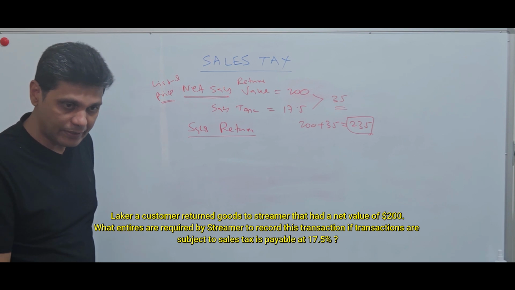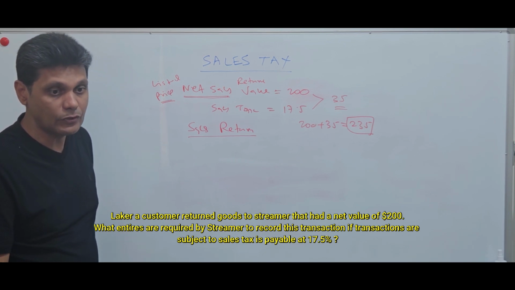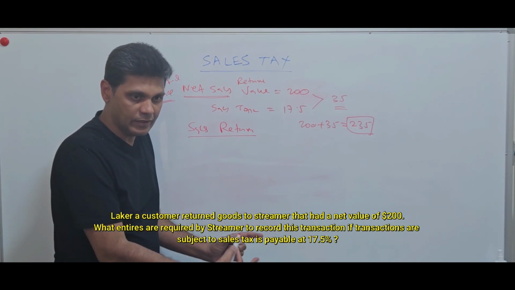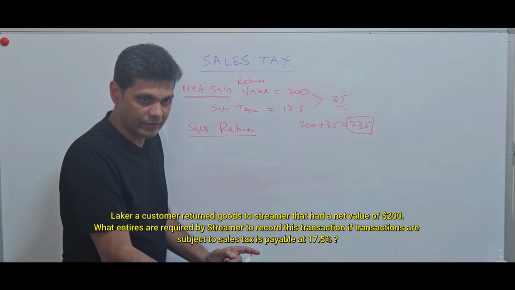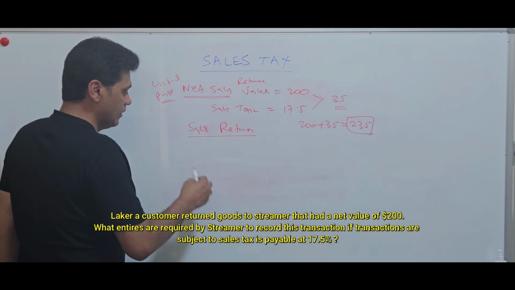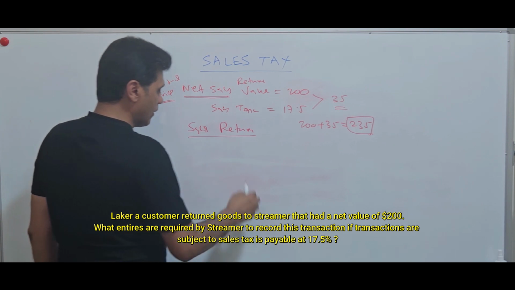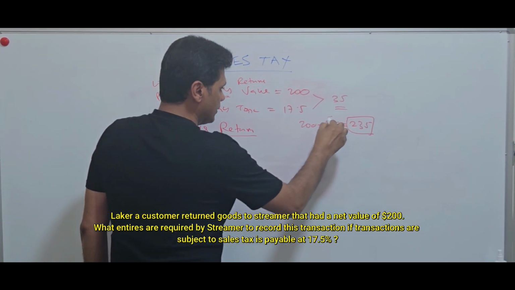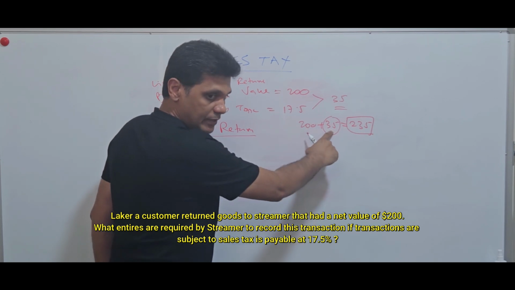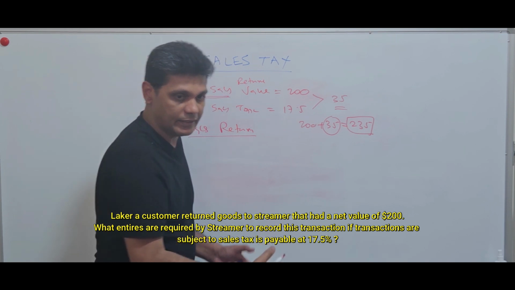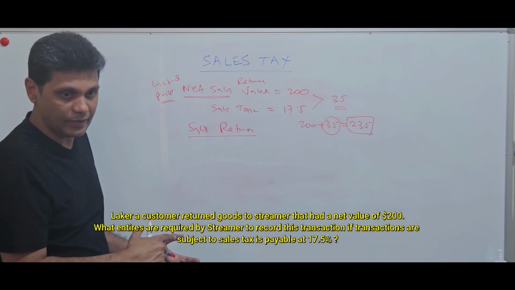Now since it has been returned, what happens? You need to reverse the receivable amount. When you return it, you have to credit the accounts receivable balance. The sales and the VAT portion was payable previously. Now since the customer has returned it, it becomes the reversal of the entry.